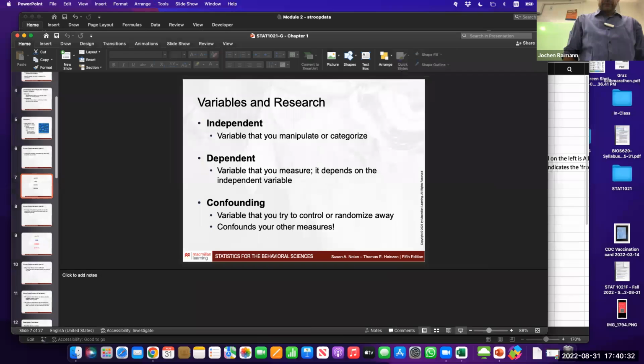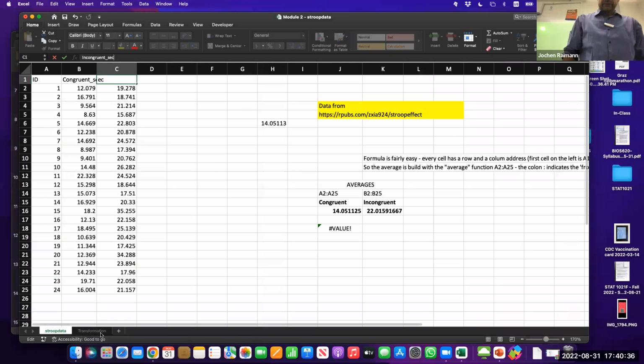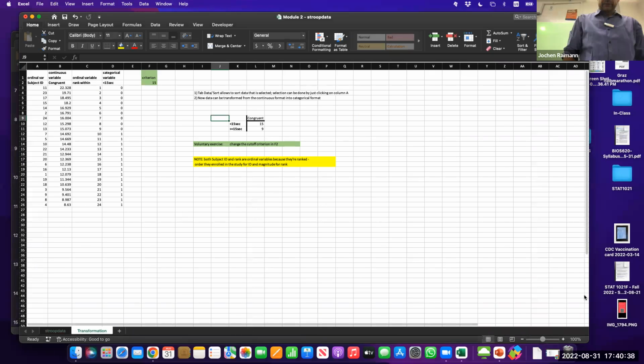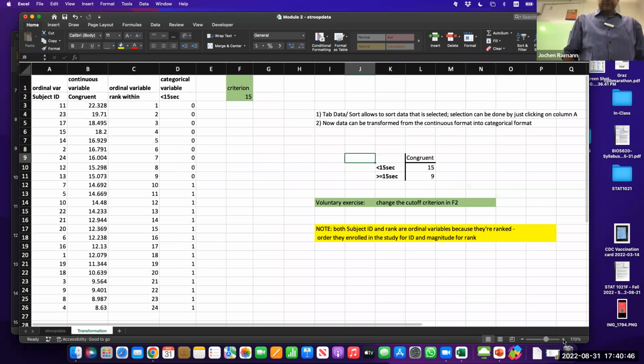To talk about your question concerning discrete versus continuous, I was doing a little exercise here. We have the continuous data of the Stroop test, and we want to discretize that now into a nominal variable.